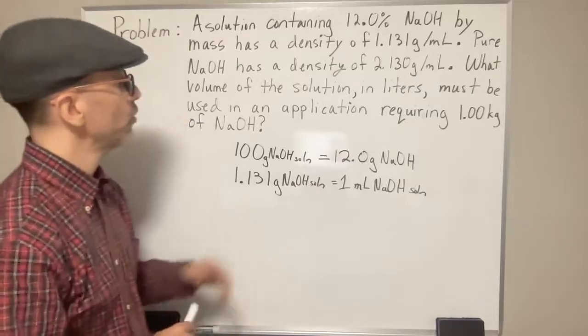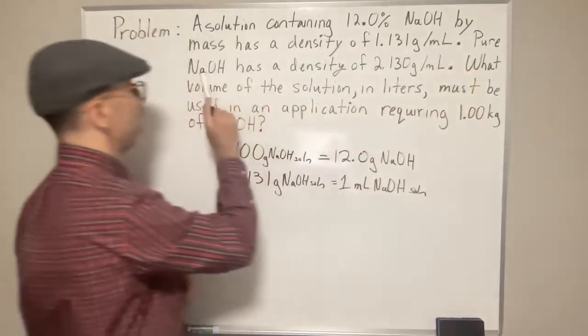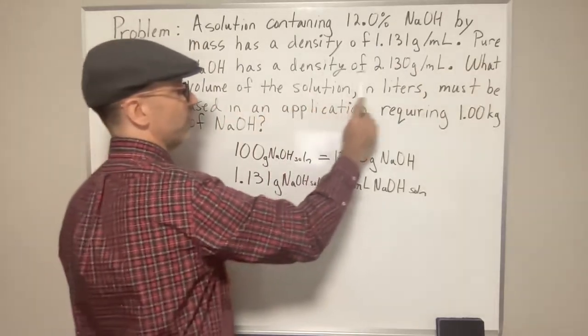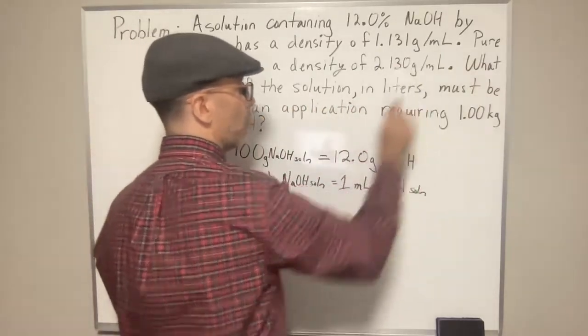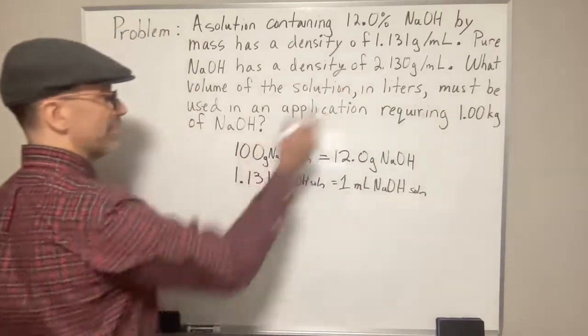All right, so now we have this density. They're saying that pure NaOH has a density of 2.130 grams per milliliter. So we're going to do the exact same thing.